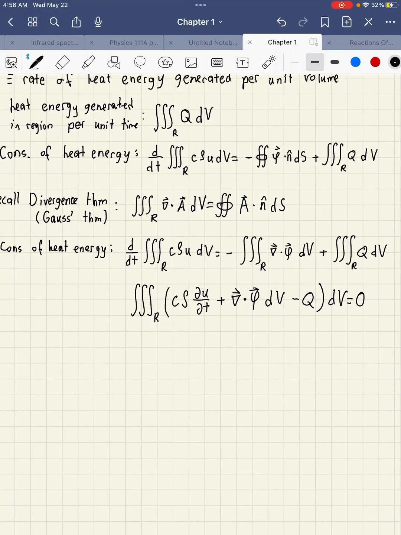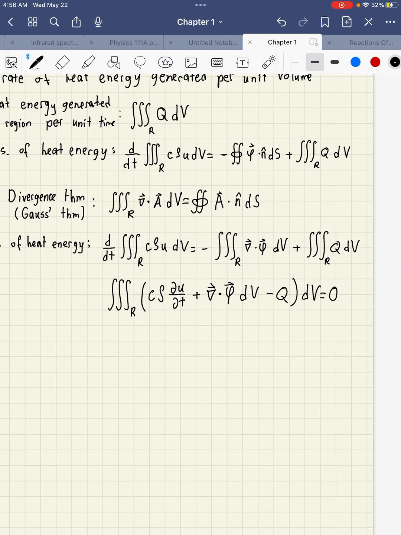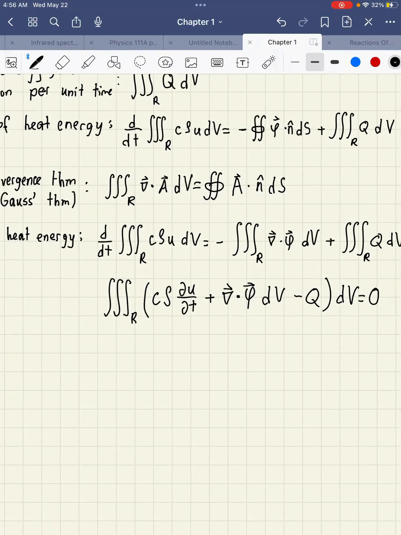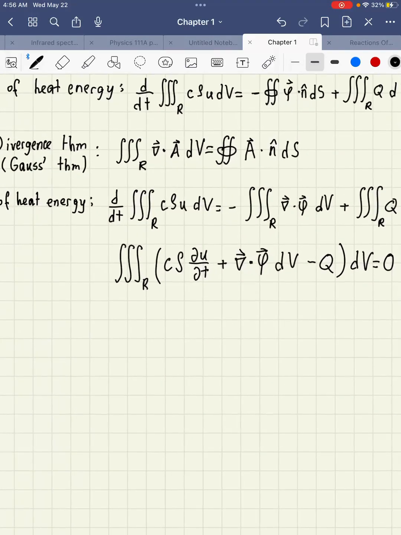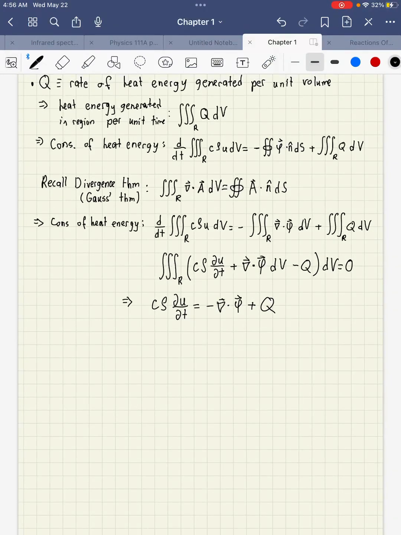And from here, therefore my conservation of heat: I can write that c rho partial u partial t is just equal to negative the divergence of phi plus Q. Okay. Again, now we still have two unknown functions, and if you remember conservation of heat, we only need phi in terms of u.